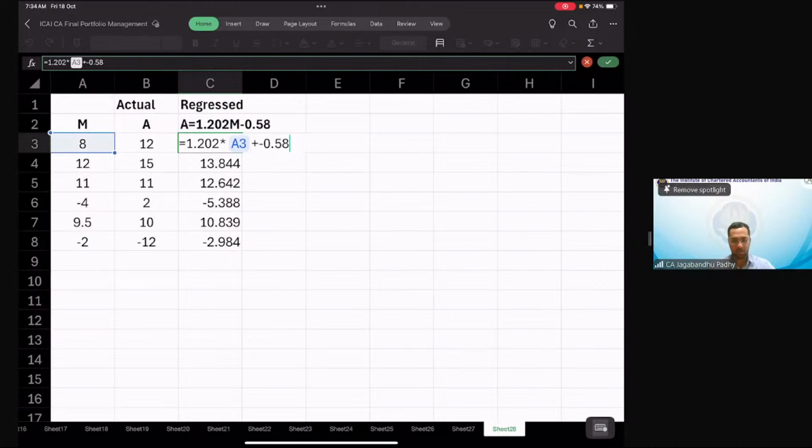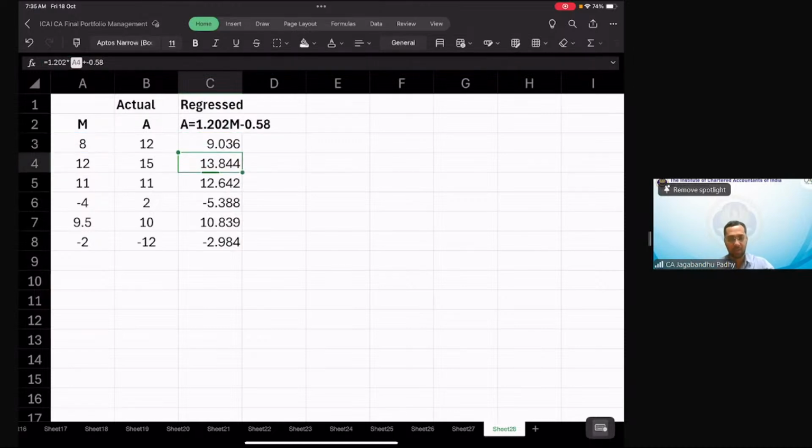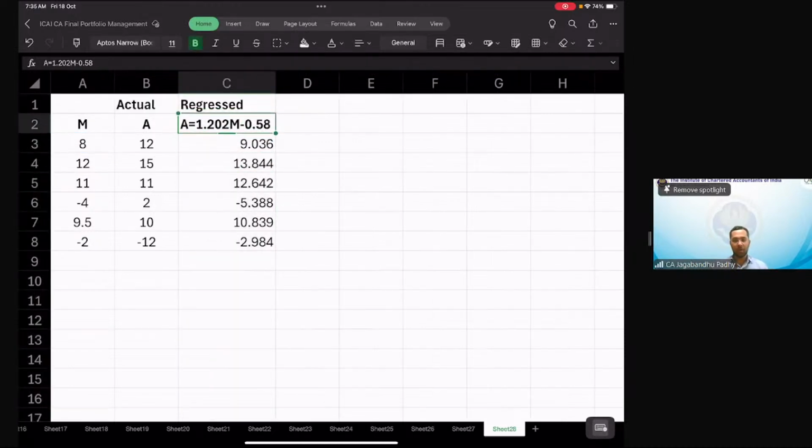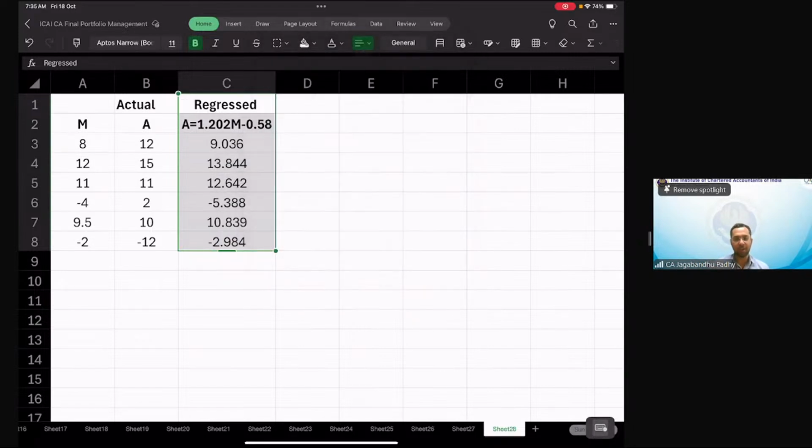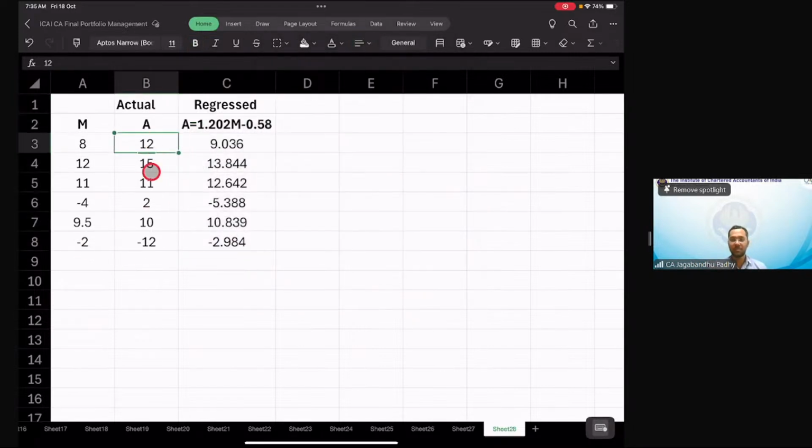Okay, so these are the regressed values that we have. Now, in this data, we have the actual values of the security and the regressed values of the security. Are the actual values and regressed values equal to each other?